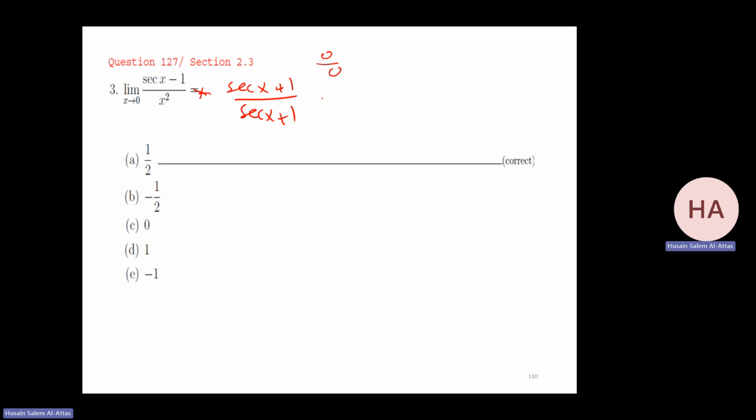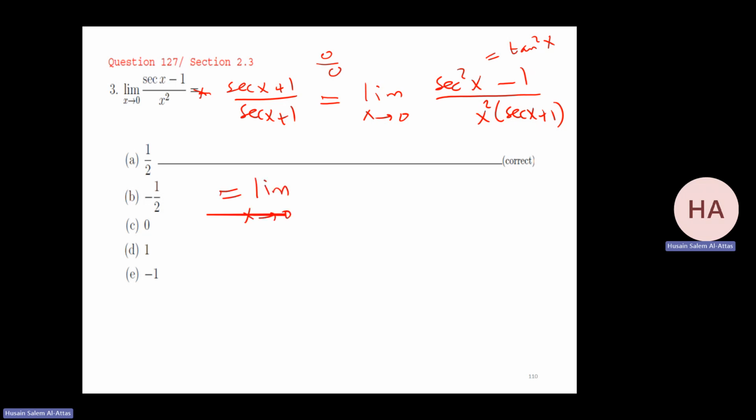Since I have x squared there, I have secant squared minus 1 over x squared times secant x plus 1. What is secant square minus 1? This is tan square. So this will be limit, x goes to 0, tan square x over x squared secant x plus 1.